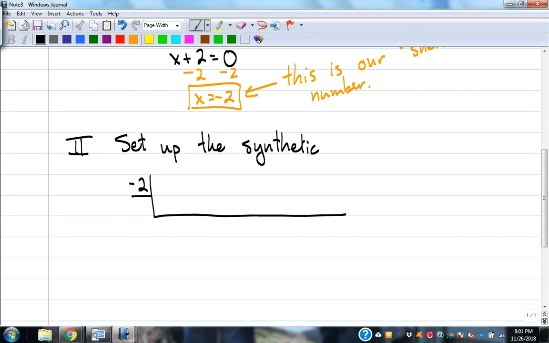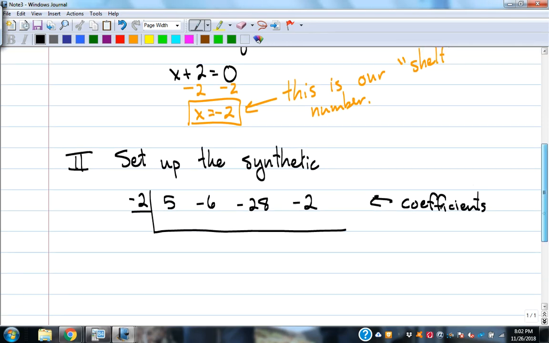On the top row of inside of the L, a little bracket there, this top row is going to be the coefficients. So for our problem, it's in descending order. We've got 5, negative 6, negative 28, and negative 2.